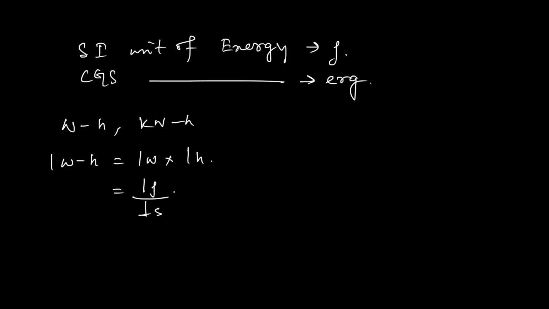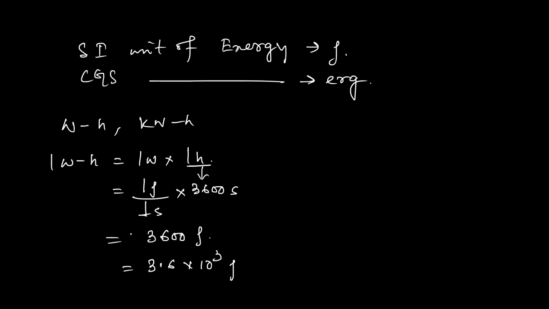If I multiply that with 1 hour, that is 3600 seconds, so it becomes 3600 joule, which can be written as 3.6 into 10 to the power 3 joule.